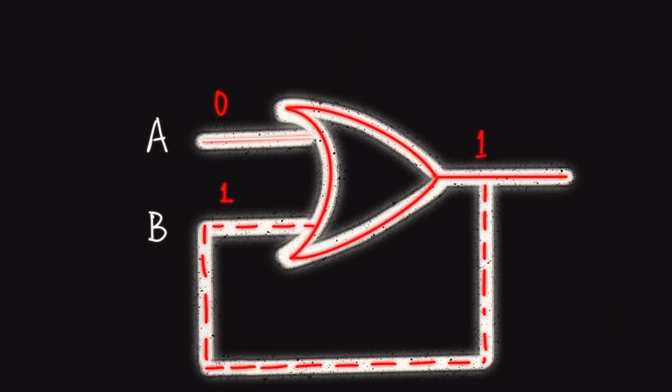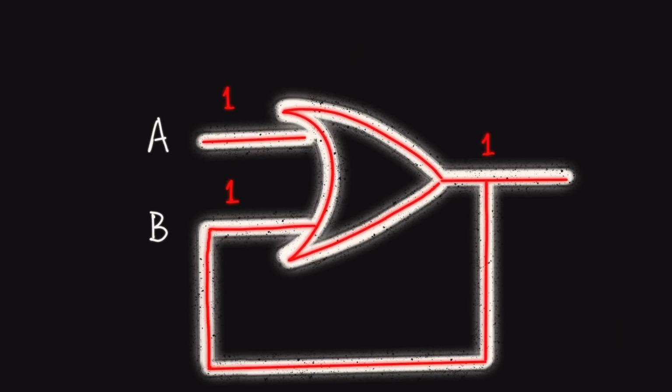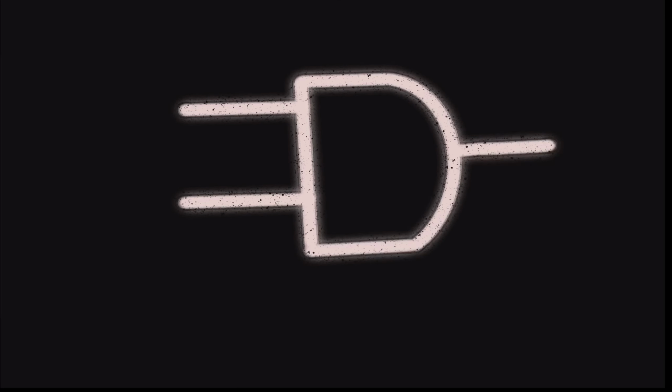Now we have a circuit that records 1, except that now we have a problem. This change is permanent. Since the output is 1, no matter the input, there isn't a way to change the output to 0. Now we will take an AND gate with its output looping back into its input again.